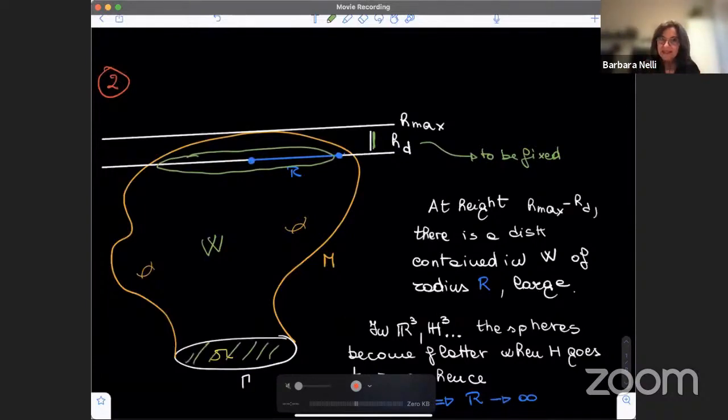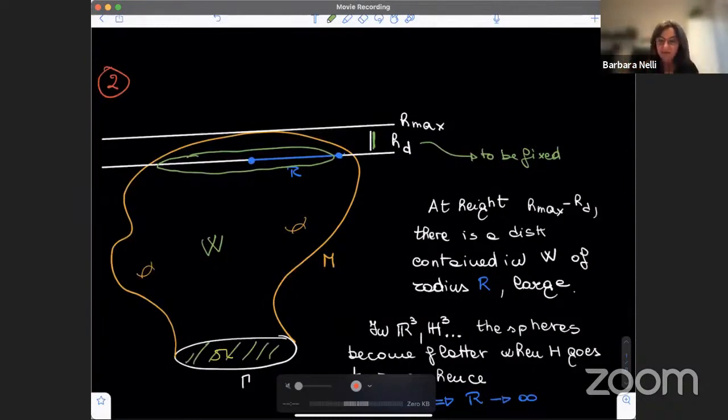In the Euclidean case, this was done by using the fact that the upper part of the surface was very close to the sphere. So it was very flat, and you could find a disk of large radius r inside. Here we have to manage in a different way.